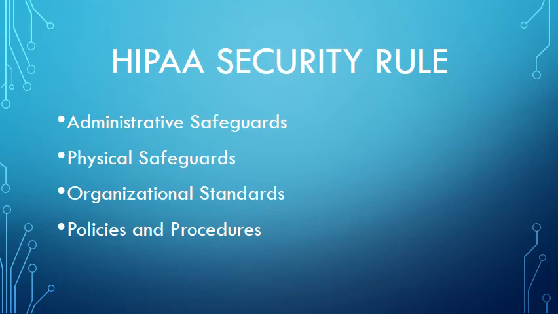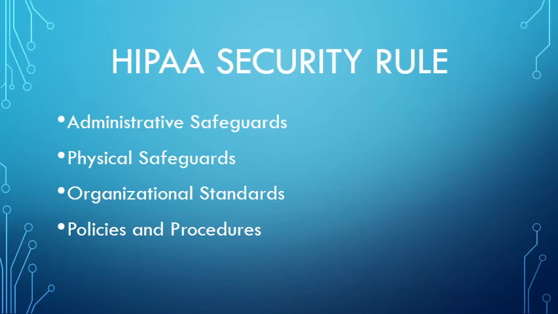First are the administrative safeguards, which are actions, policies, and procedures designed to prevent, detect, contain, and correct any security violations. Administrative safeguards involve the selection, development, implementation, and maintenance of security measures to protect the electronic information and to manage the conduct of staff members in relation to the protection of that information.